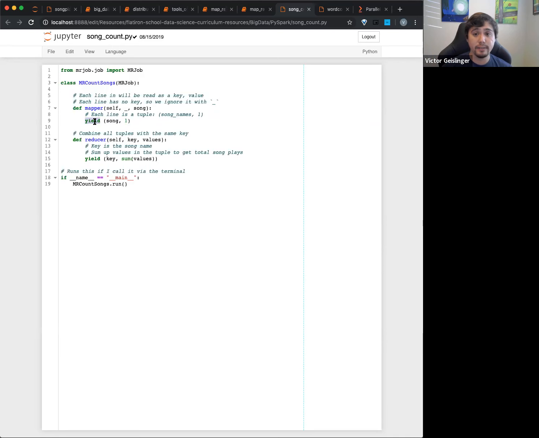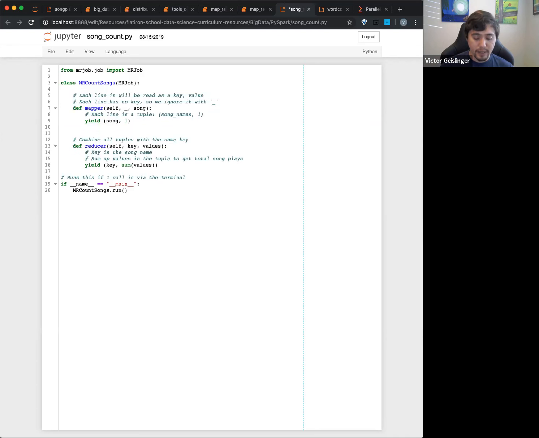Whenever we do for loops, for example for i in range of 10, this range of 10 right here is a generator. It's saying, you're going to give me a list from 0 to 9, and when I ask for the next one, give me the first one.